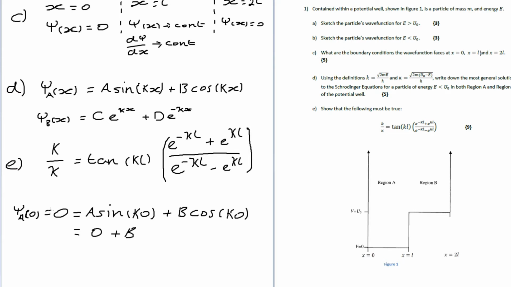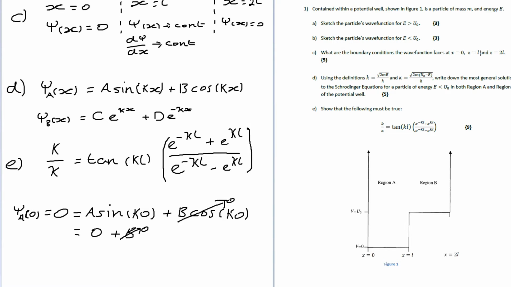So what that means is that we want this whole thing to equal 0, so this b must equal 0. So we've already eliminated our cos term here because this whole term now is 0 because of our b being 0. So we know that psi A is just a sine kx. So that's part of it done. And that's all we can do with our x equals 0.